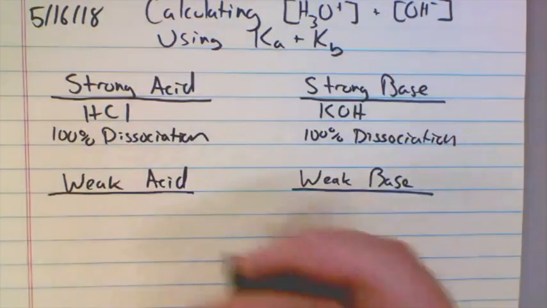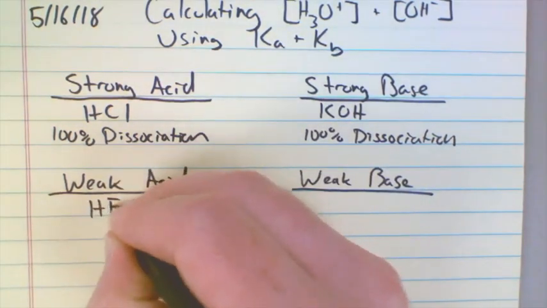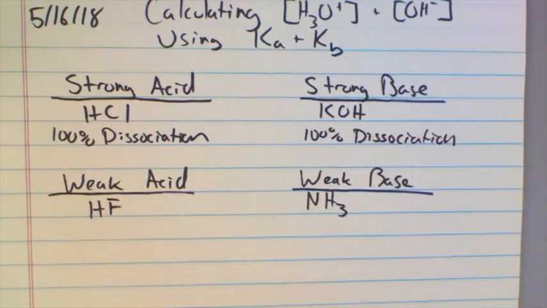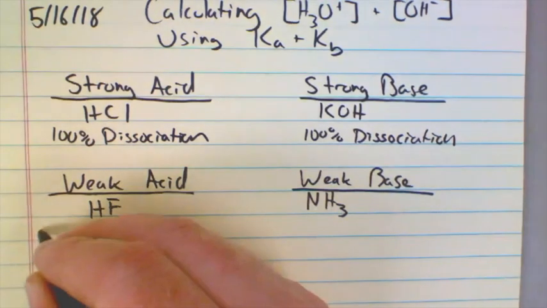Okay, weak acids and weak bases. For example, hydrofluoric acid is a weak acid, and ammonia is our weak base we talk about a lot. What makes a weak acid weak? It doesn't dissociate well.